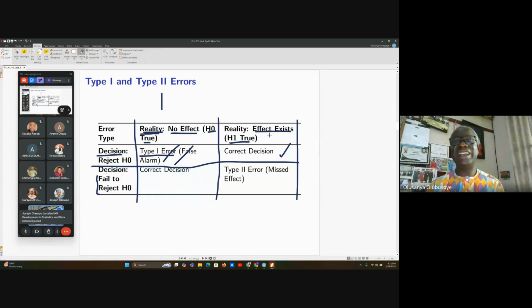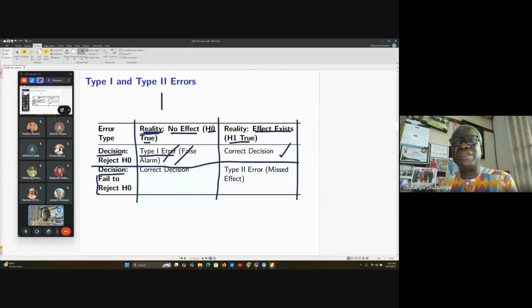Now, if the reality is that H1 is true, and when we take our decision, we fail to reject H naught. Remember, when we fail to reject H naught, it means we are accepting H naught and rejecting H1.